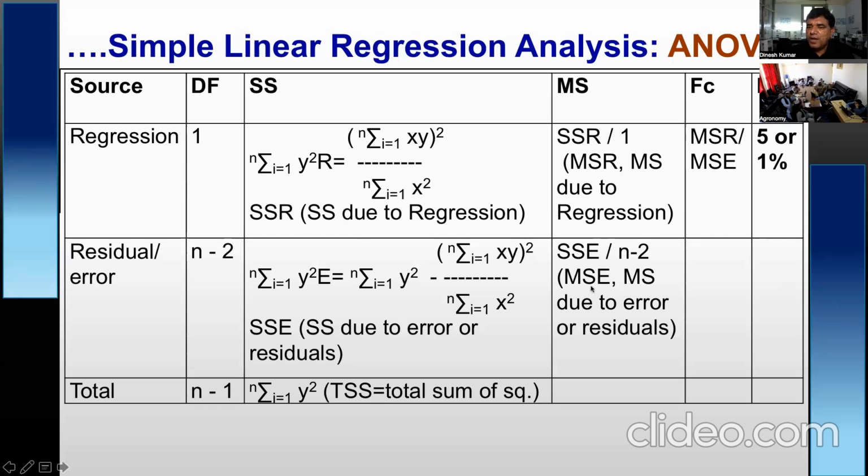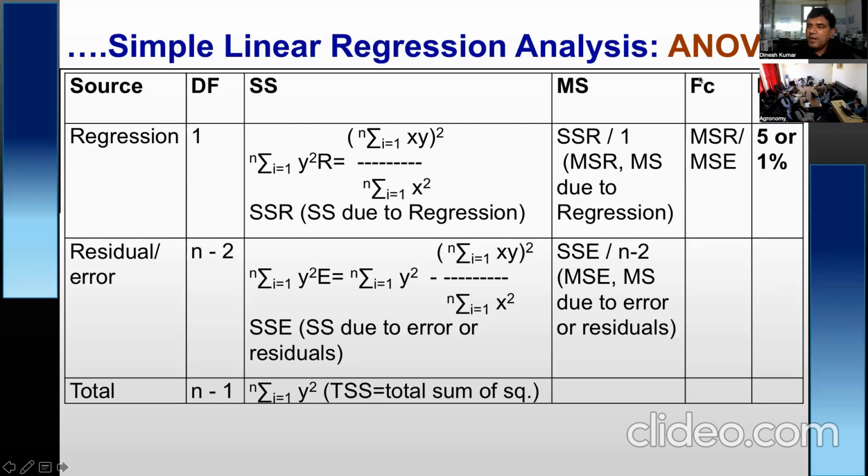And this cell divided by this cell, mean square due to regression divided by mean square due to error or mean square due to residual, gives us F calculated.